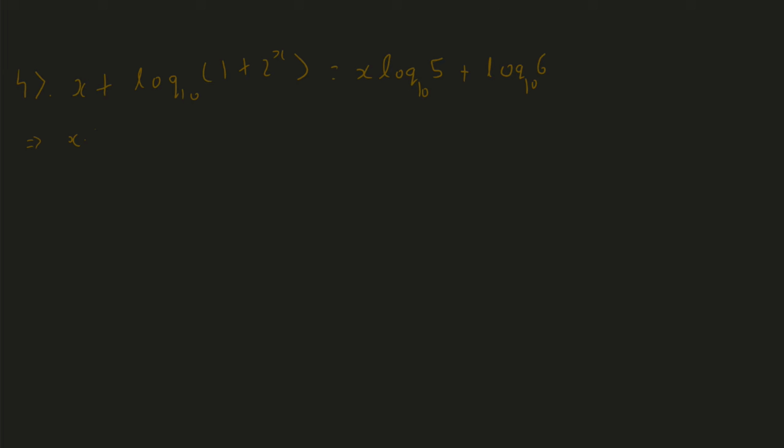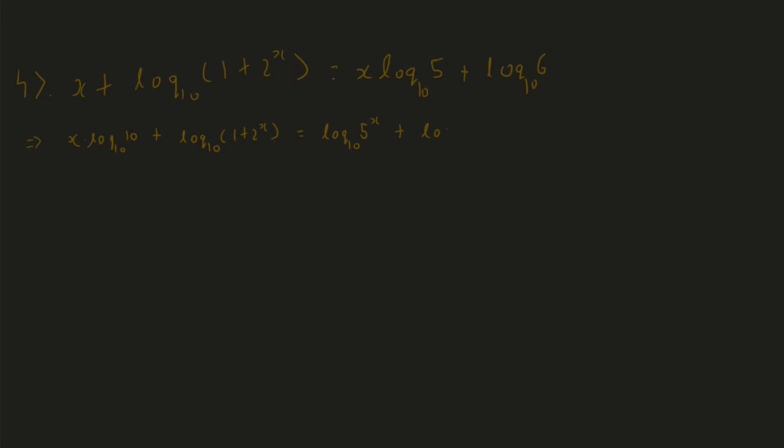We know that there is a number 1 which is always in multiplication with this variable x. So we can write that 1 as log 10 to the base 10, plus log of (1 plus 2 raised to x) to the base 10. And we will write this as log of 5 raised to x to the base 10.